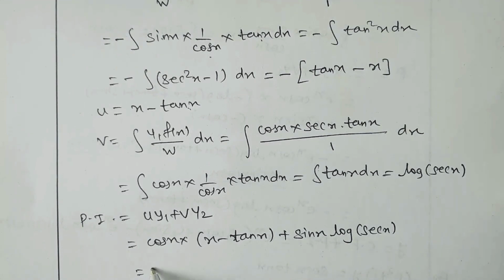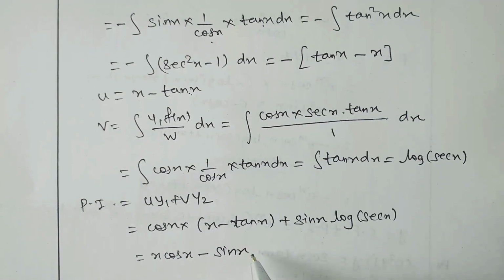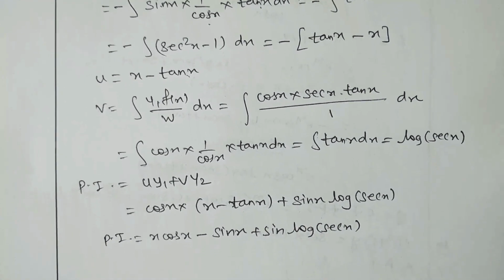So that is x cos x minus cos x into tan x. So cos x into tan x is sin x upon cos x, which gets cancelled, you will get sin x, plus sin x into log of sec x, that is the value of the particular integral.